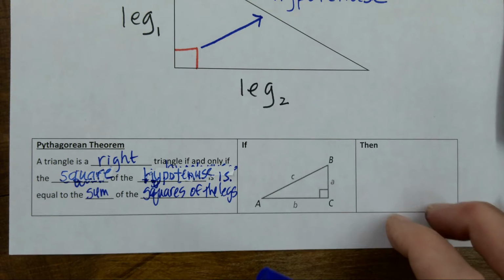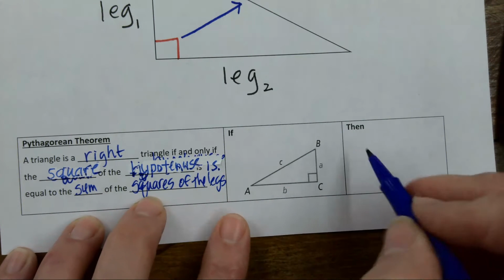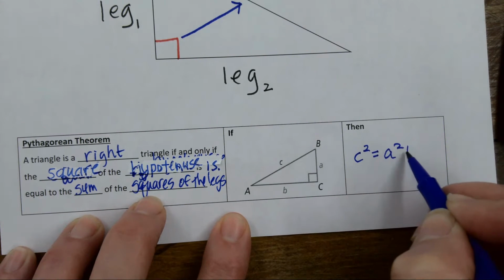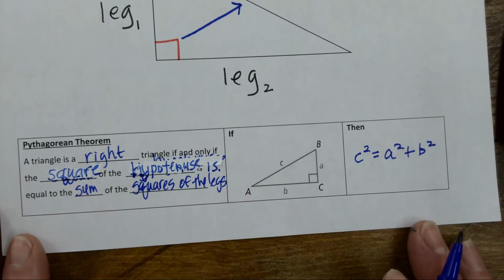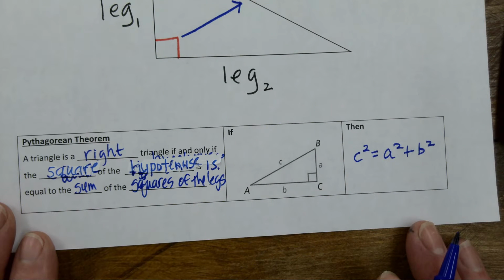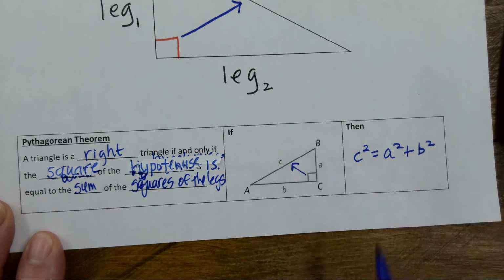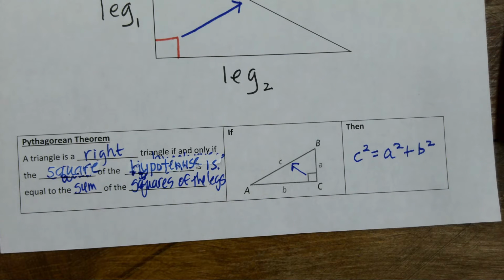So if I have a right triangle, the square of the hypotenuse is equal to the sum of the squares of the legs. Hypotenuse being C, the one that's across from the right angle, the legs being the other ones.